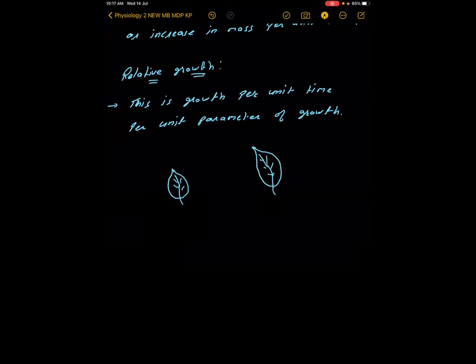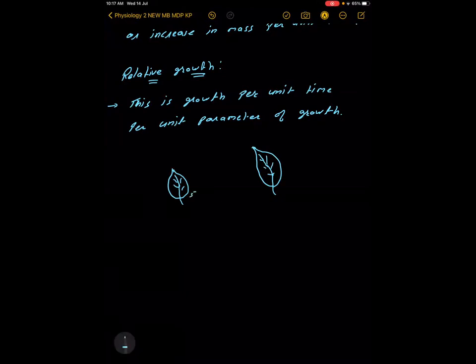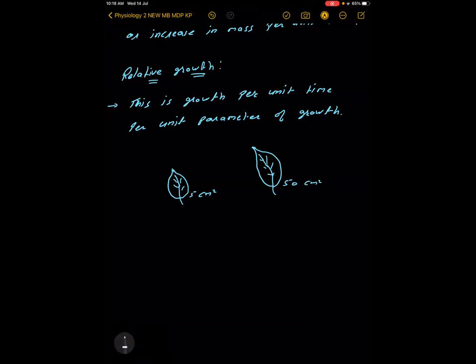The smaller leaf's area is around 5 centimeters square, and the larger is 50 centimeters square.